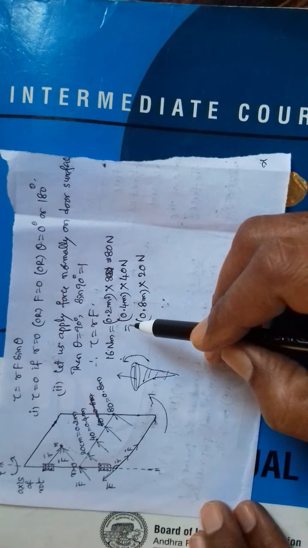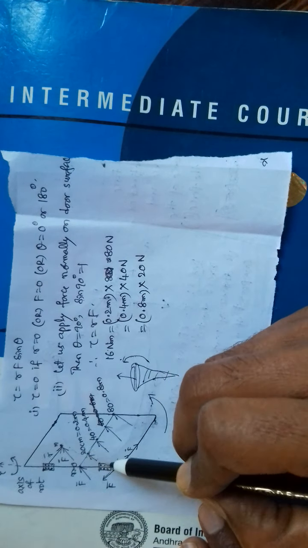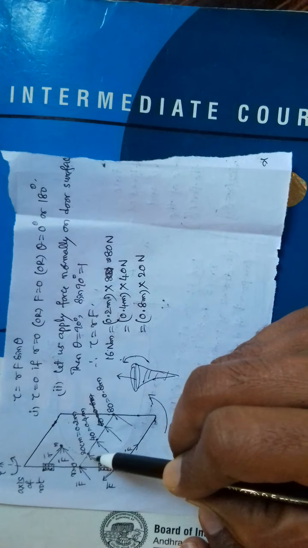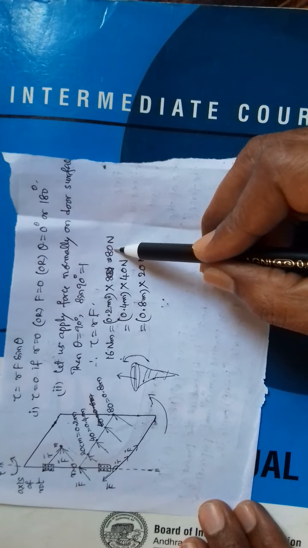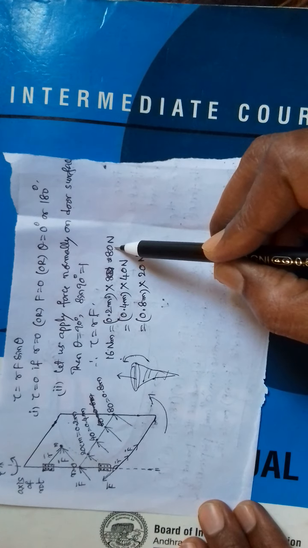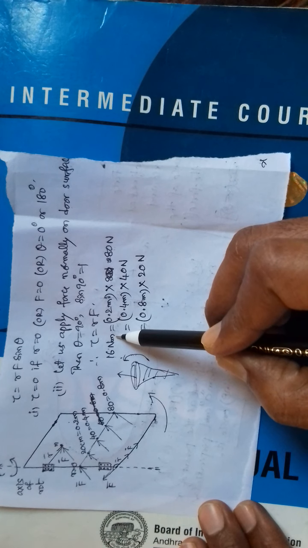First, let us choose this point. On this, normally you are applying some force. How much force have you applied? 80 newtons. The distance is 20 centimeters, 0.2 meters. 0.2 meters times 80, we get 16 newton meter torque value.